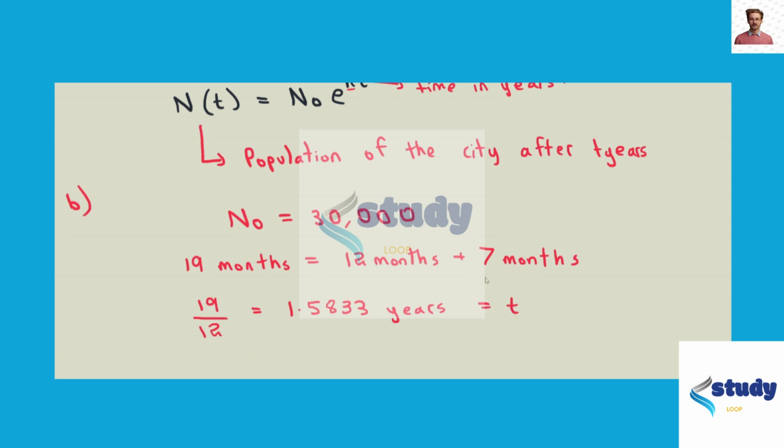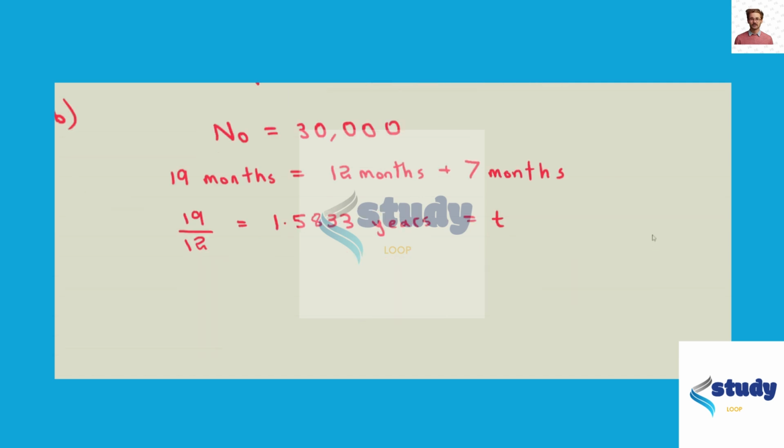We are told that in 19 months, or 1.5833 years, the population would double. So n of 1.5833 should be the double of the initial population, which is 60,000.